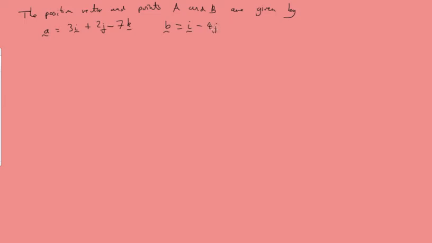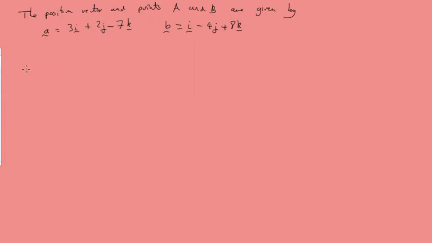Let's do another one. So the position vectors of points a and b are given by a equals 3i plus 2j minus 7k, and b is given by i minus 4j plus 8k.